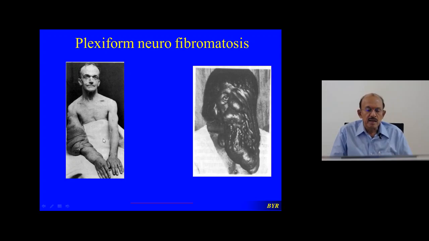The nerve cell is not at all involved in this neurofibromatosis process. The tissue that is involved here is the endoneurium of the nerve fiber. Thickening is due to myxomatous and fibrous tissue.